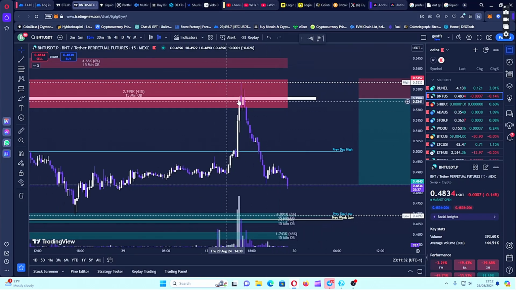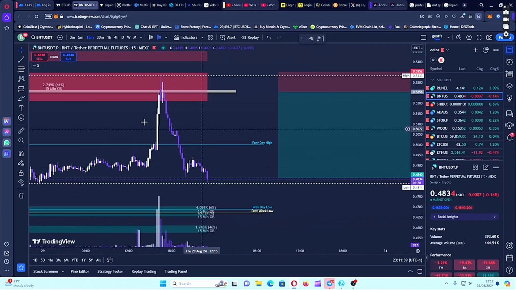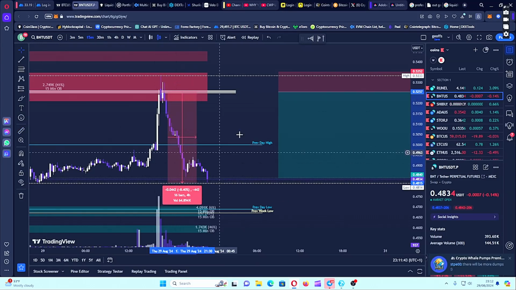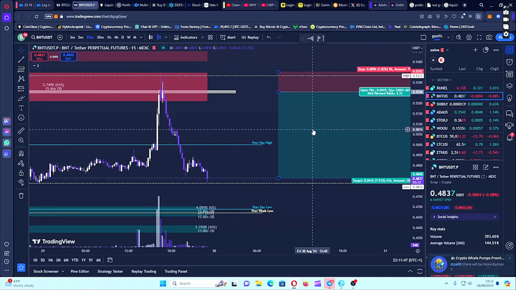The price is struggling to clear this order block. So you take your short here. You know, you're 8% there. That's without leverage, which is a 4.33 risk to reward.